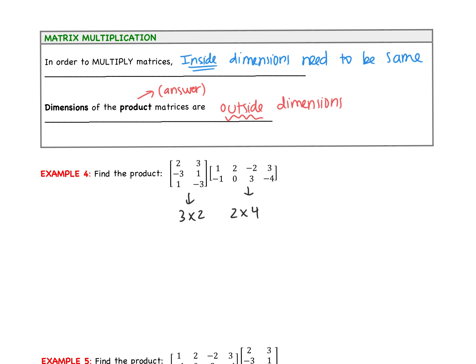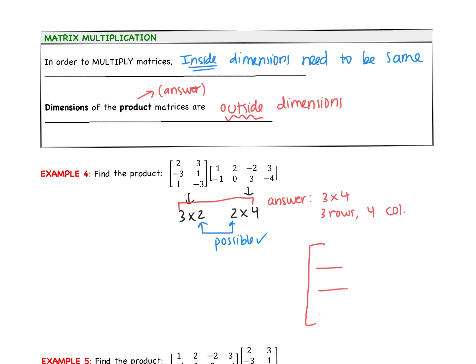Well, in order to multiply, the inside dimensions have to be the same. So that tells us that yes, this is possible. The outside dimensions tell us the answer. So our answer is going to be a matrix that's 3 by 4. So remember, that means 3 rows, 4 columns.